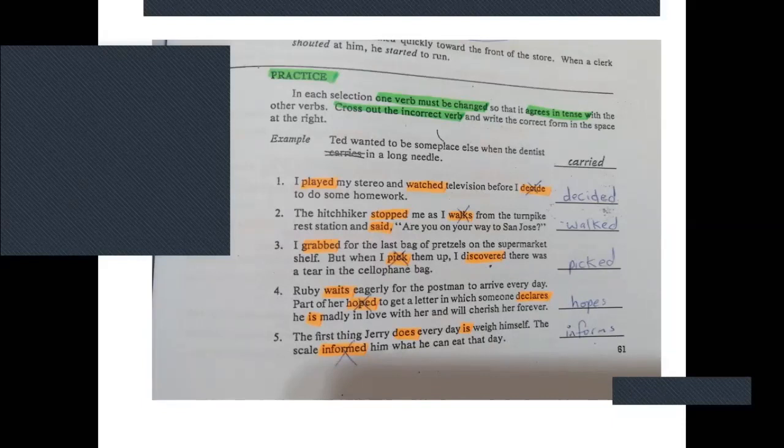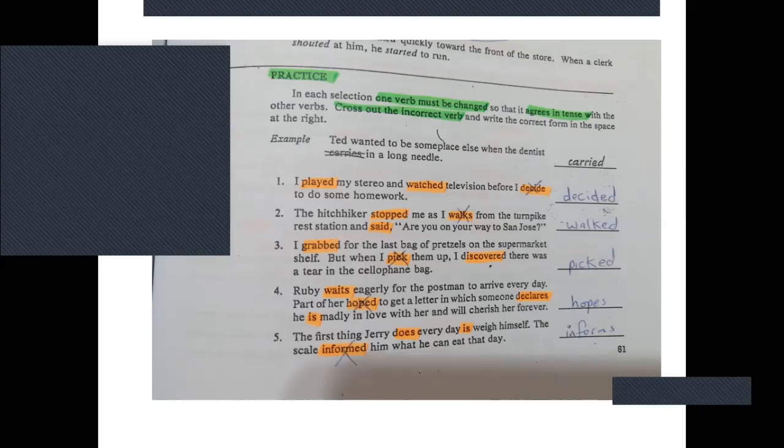And then I discovered, طب why suddenly do I get simple present tense pick? Pick is simple present now, but I'm talking about something that happened with me when I was at the supermarket. Therefore, the usage of pick is wrong in relation to tense. So we cross out pick and we change it from simple present to be in simple past tense. Okay? Is that clear? Okay.